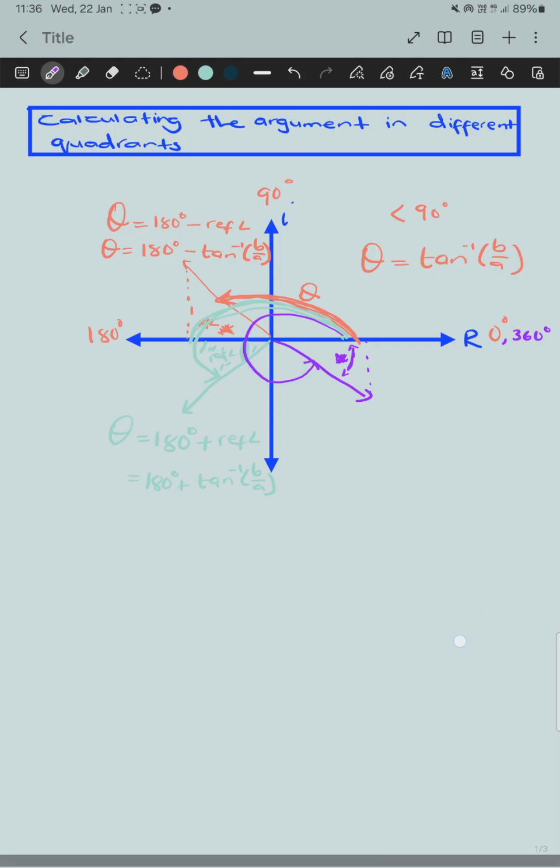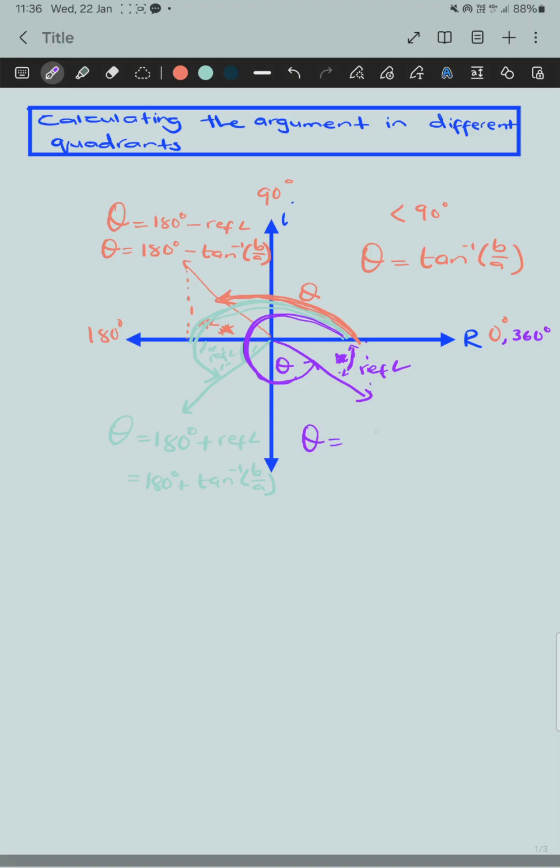So what's that? It's actually 360 minus this, which I will refer again to as my ref angle. So the angle I want, my theta, is this. It's 360 minus the ref angle.